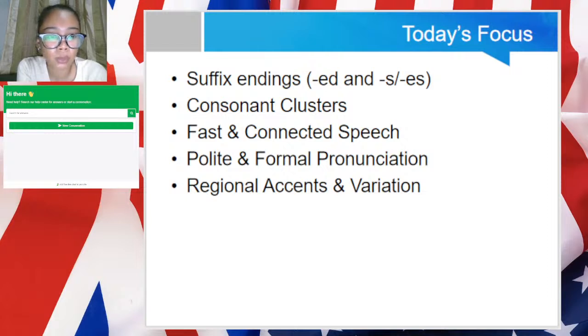Like the example I provided earlier, "an apple," which is supposedly pronounced as two words. But as time goes by, depending on the context and how we use the sounds of each letter, it is acceptable that in some cases people would say "an apple" as "a napple." So yeah, that is it basically.